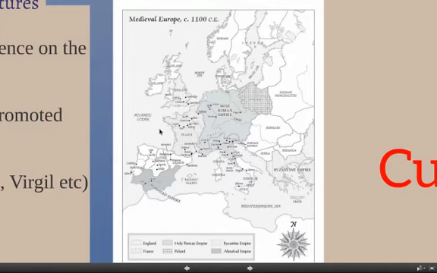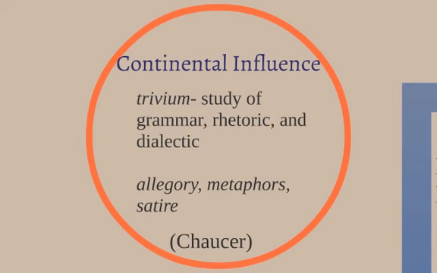Another influence of the continent on England is the idea of the trivium. Trivium. And what that is, it's a fancy way of saying the study of grammar, rhetoric, and dialect. And those are the three most important studies of classical learning at this time.